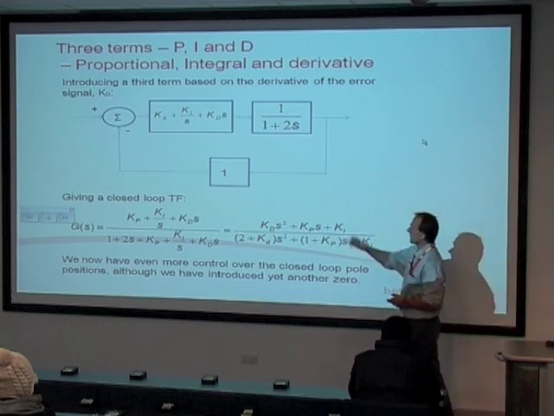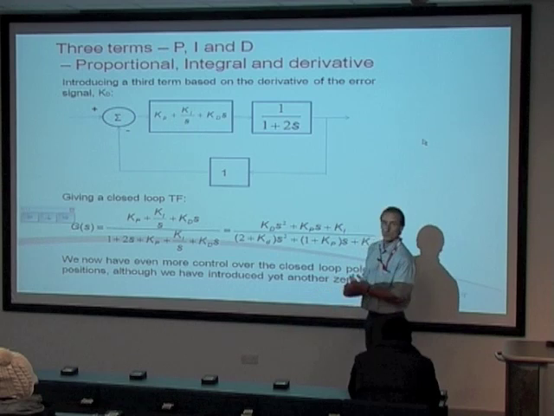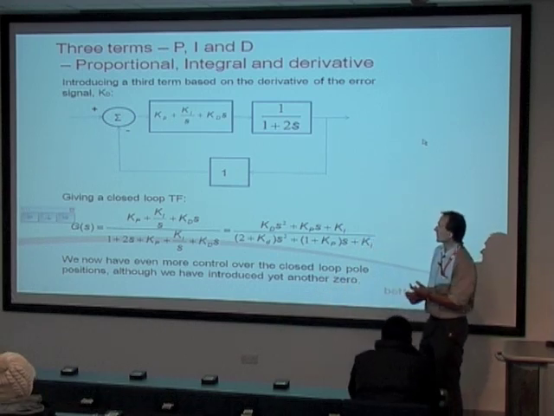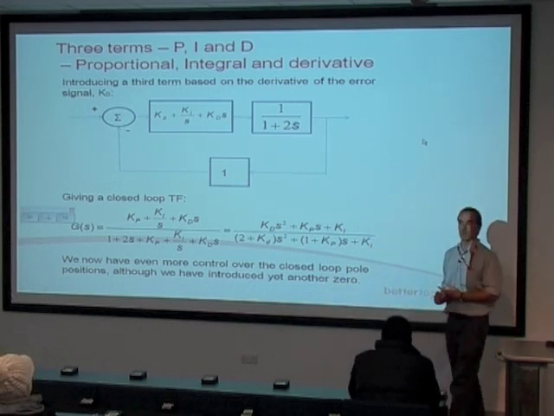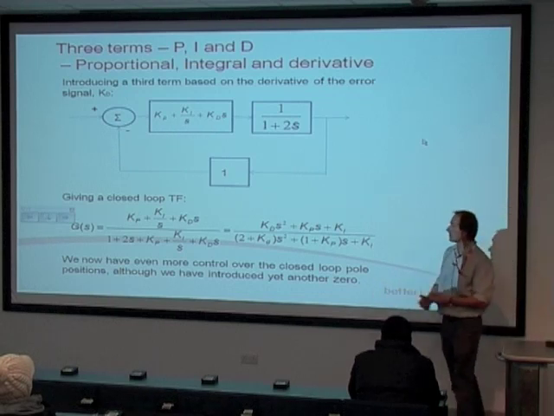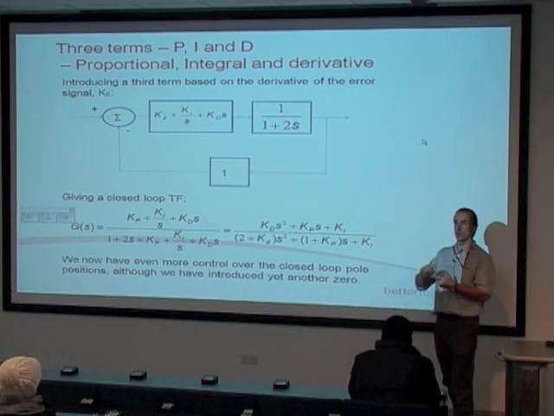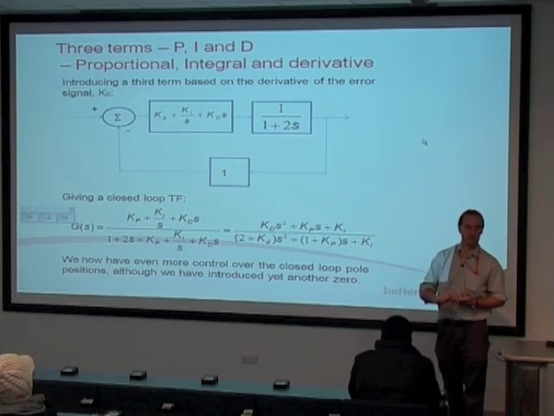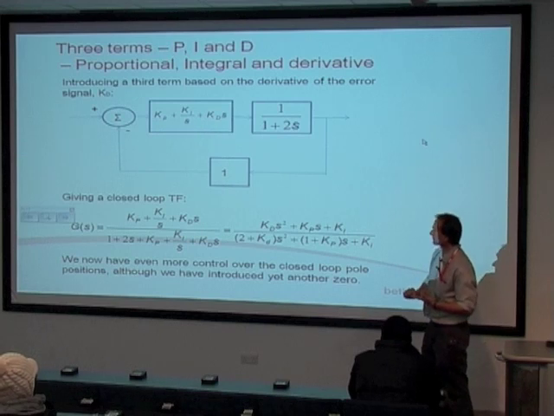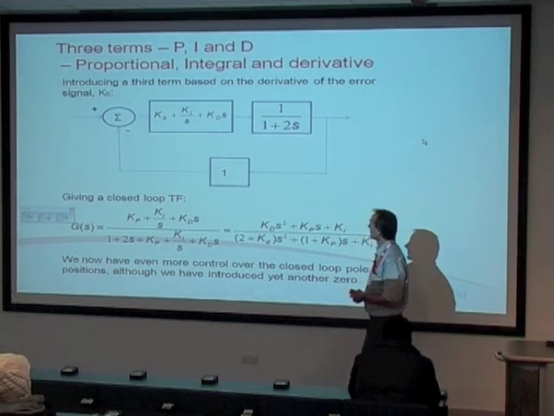You see we've got Kp, proportional gain, Ki upon S, which is the integral gain, and I've now introduced Kd times S. The operator S represents a differentiation with respect to time. So that Kd is doing something with a differential of the error signal, in other words, to do with the rate of change, the rate at which it changes.